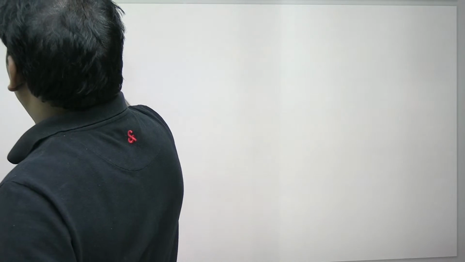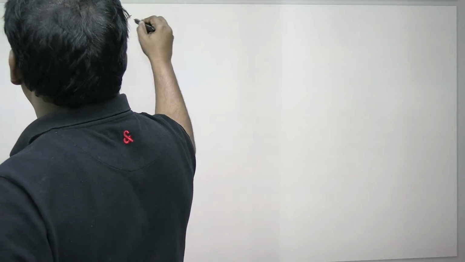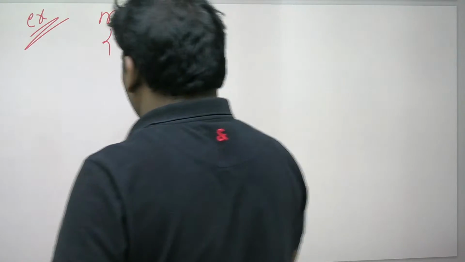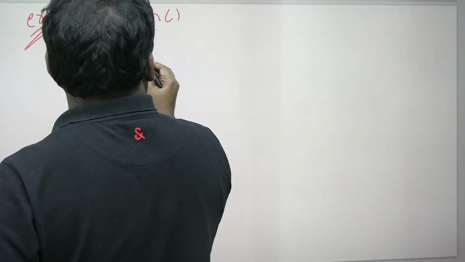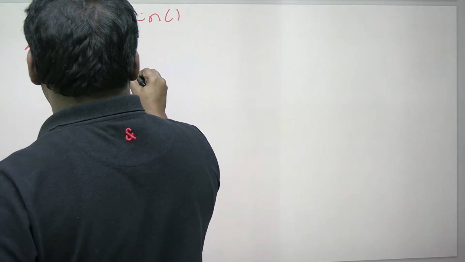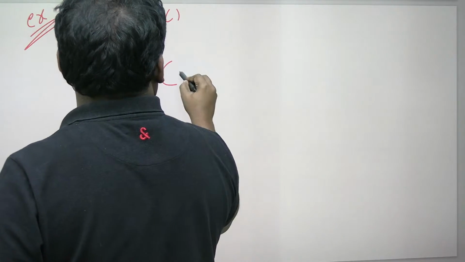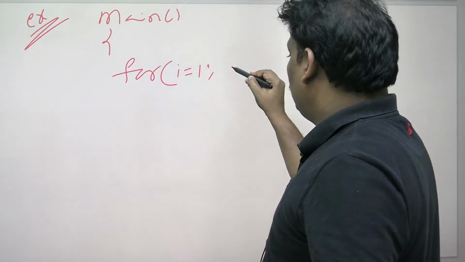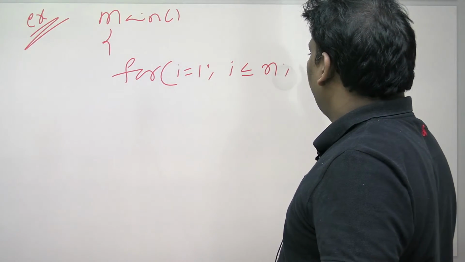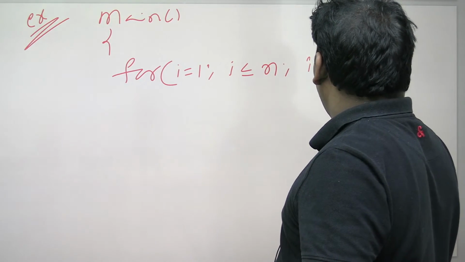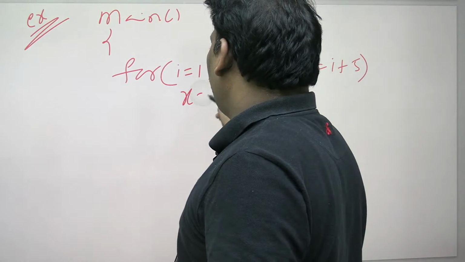Now go to the next problem. Main: for i = 1, i <= n, i = i + 2 or i + 5, x = y + z.